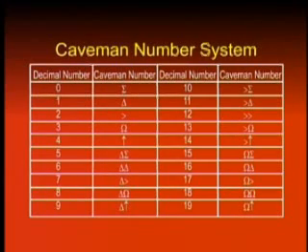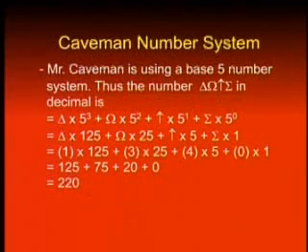So as can be seen from the table, the first 20 decimal numbers are represented by a combination of the base 5 number system.